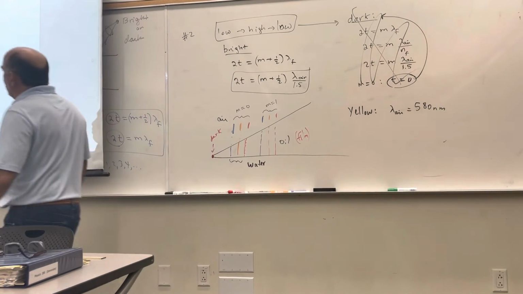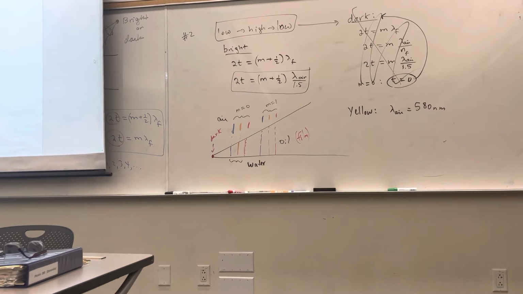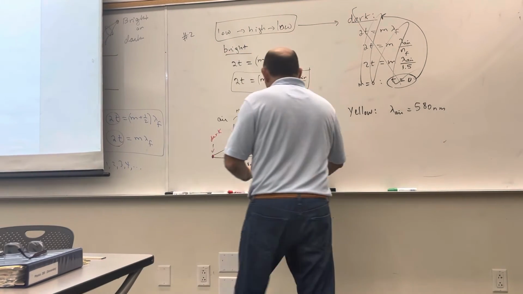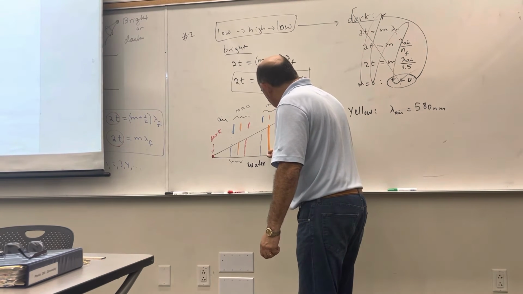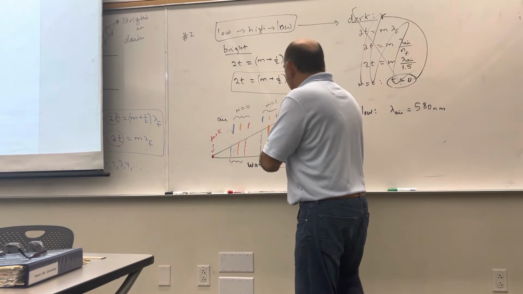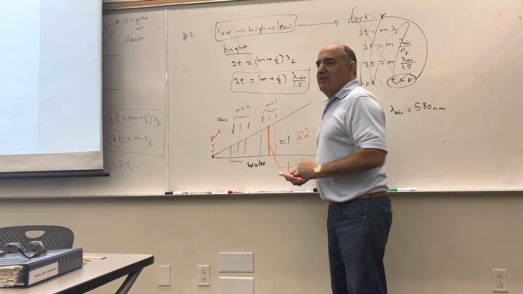Second question, what is the oil's thickness at point B? That corresponds to yellow, the second yellow line. Point B, what's the thickness? So what we want to know is this particular thickness over here, this one. What is this thickness?